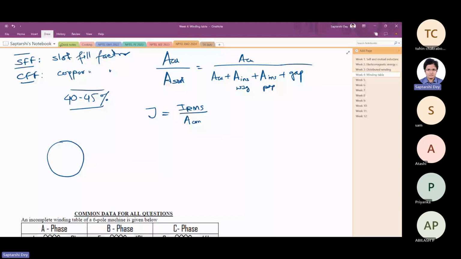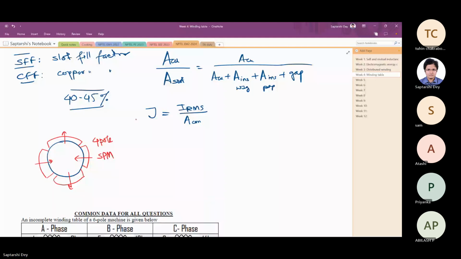So this magnet, the arrow shows the flux direction. So this is clearly a four-pole arrangement. You have four magnets simply. This kind of arrangement is also called surface permanent magnet type arrangement.